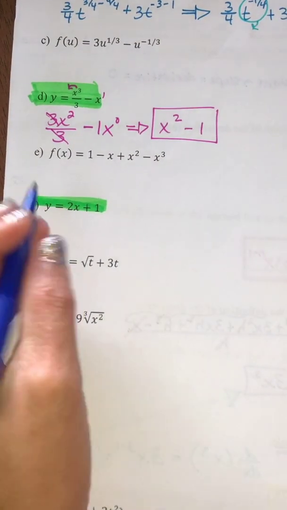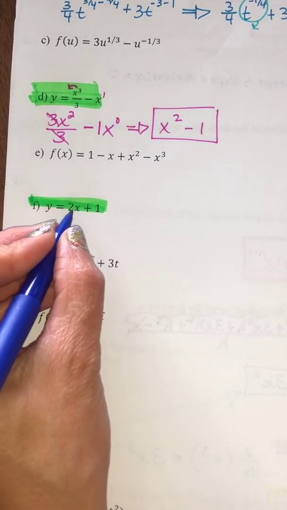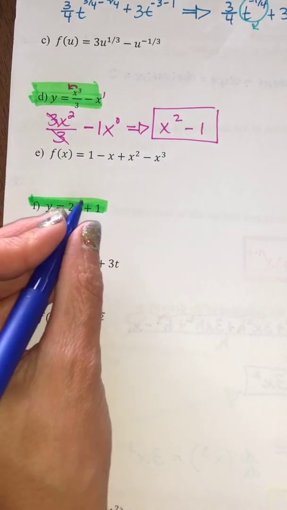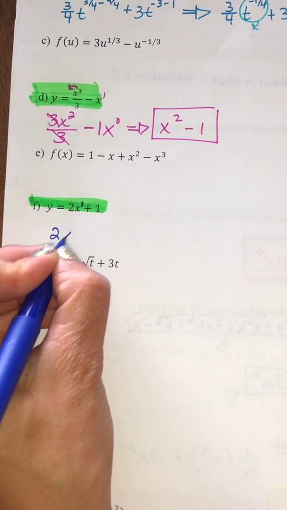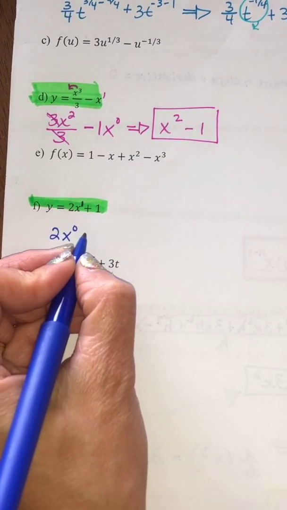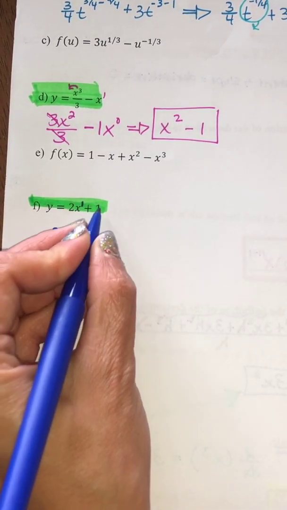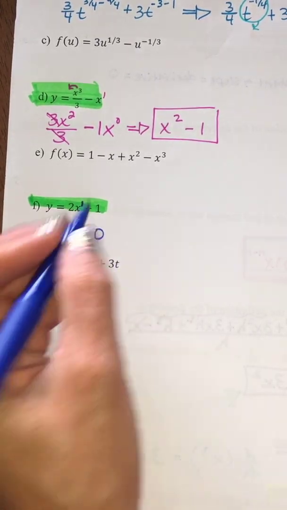Anyways, all right, so let's take the derivative. So I want to point out that the exponent there is a 1, so when we bring the 1 in front, 2 times 1 is just a 2. And then that x now is to the 1 minus 1, which is 0. And then what's the derivative of 1? What's the derivative of a constant? Do you guys remember?